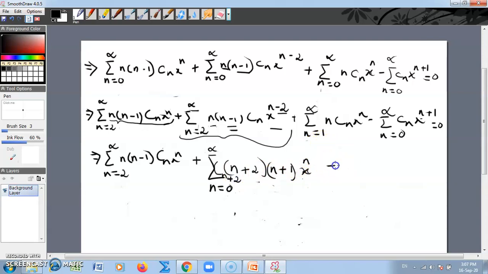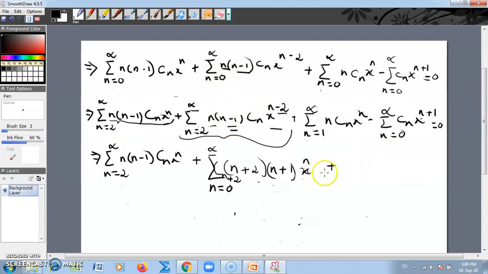Now coming to the next term. Next term is x to the power n. So we don't have to do any change here. Don't be confused by the summation change and the changing of n the first time we did it. First time we did it because the first two terms were just 0.